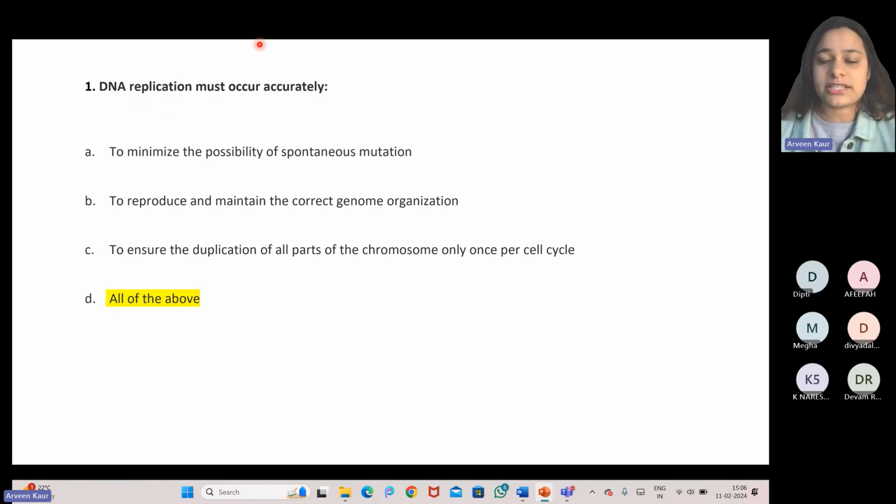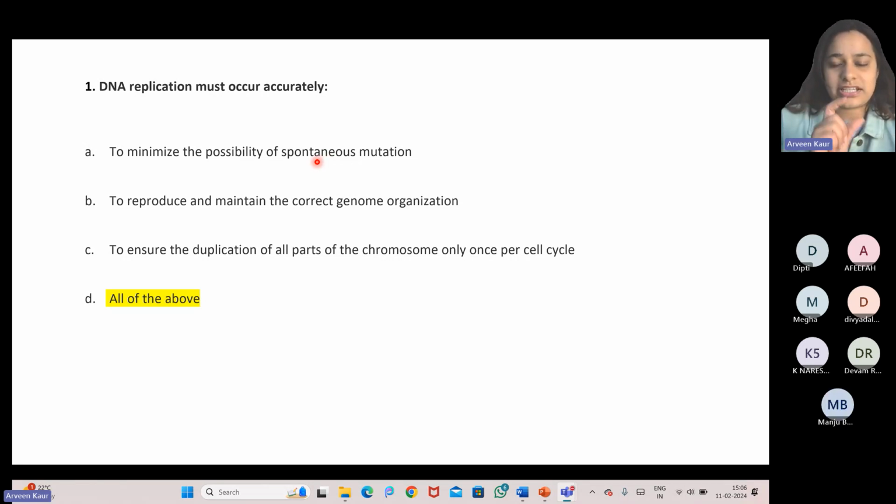Also, why should this process be done accurately? Because if it is not done accurately, there could be mutations that spontaneously arise, right? Mutations such as, what if while DNA was getting replicated, there was some deamination in a cytosine base? Due to this deamination, this cytosine now became a thymine, right?